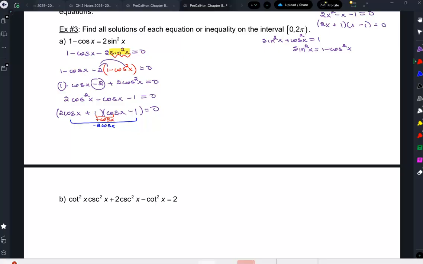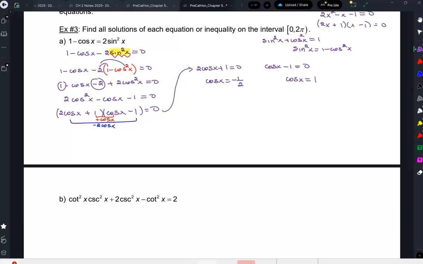So this is the right factoring. Now let's solve this. 2 cosine x plus 1 equal to 0, and cosine x minus 1 equal to 0. So cosine x is equal to negative a half, and here cosine x is equal to 1.